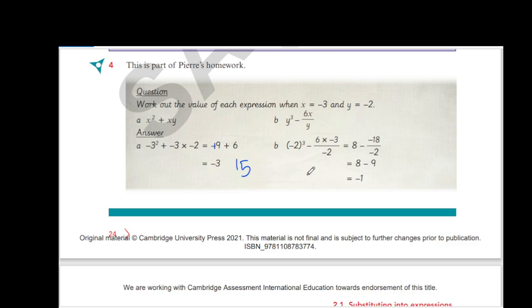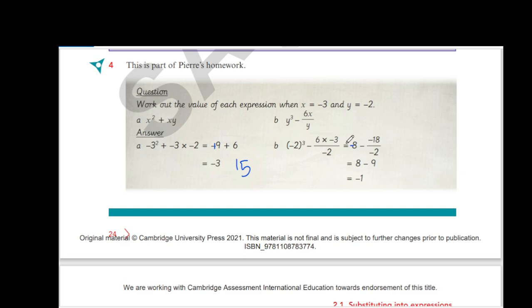Okay. And in part B, by putting the values of y and x, -2 cubed should be -8, not +8, because a cube of a negative number is always negative.